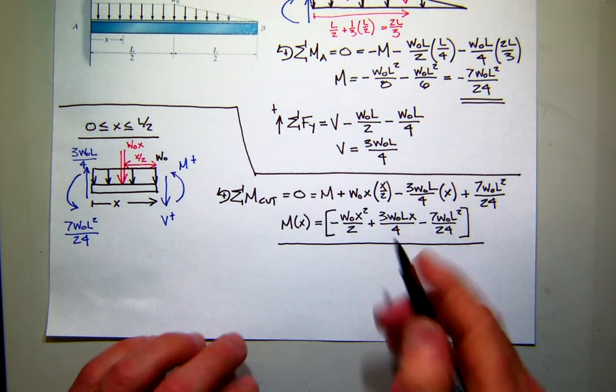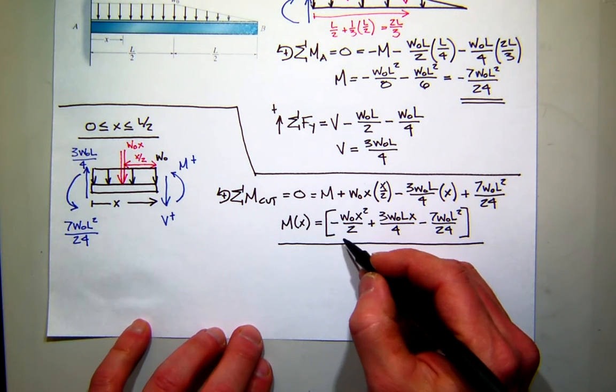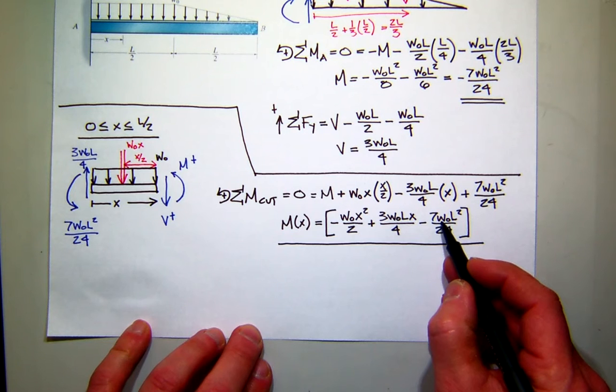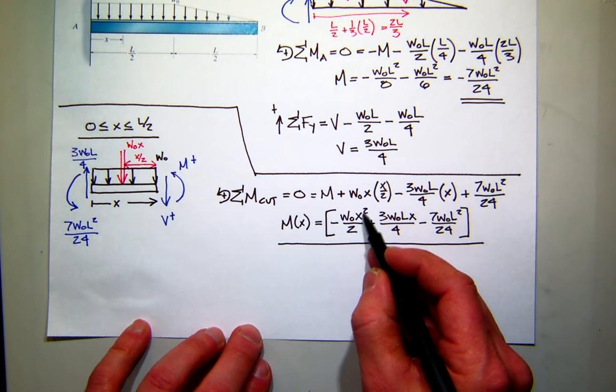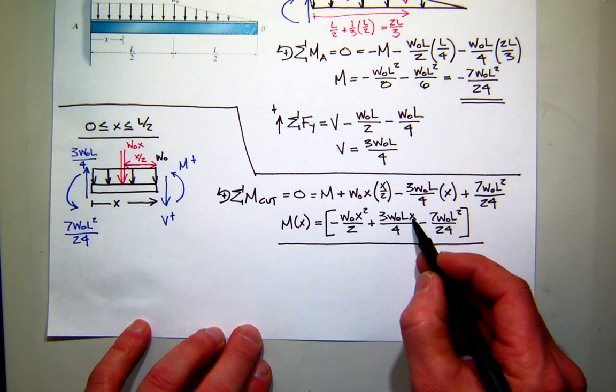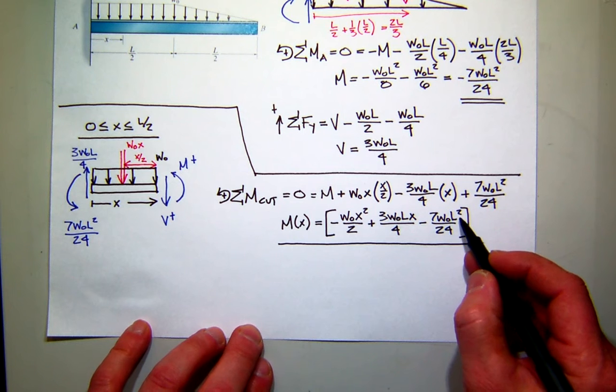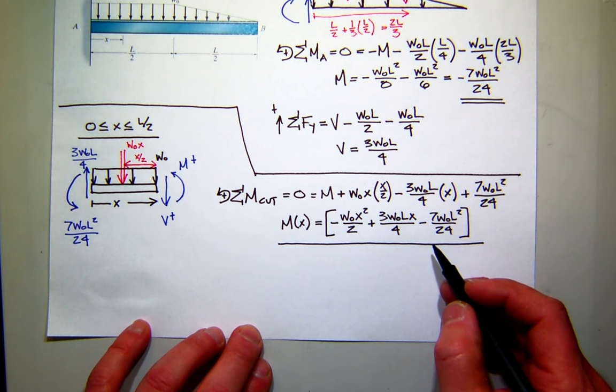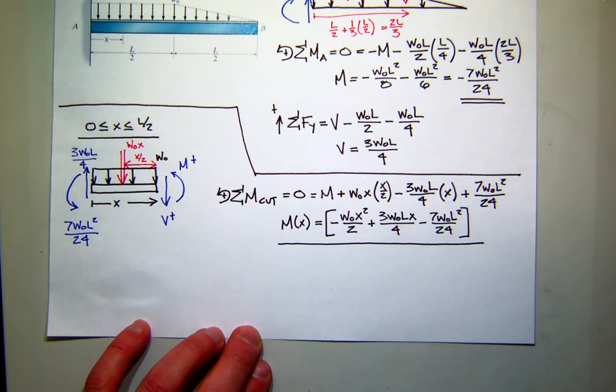Yeah, that looks good. Now, notice the dimension of each term. Each term has a W naught, and then x squared is length squared, LX is length squared, and L squared is length squared. So all the terms look compatible, so they should be able to sum up.